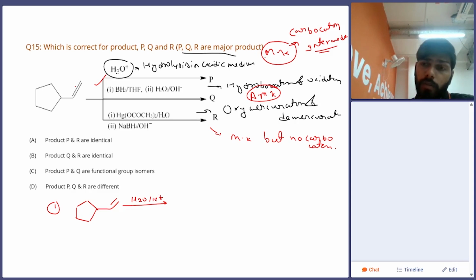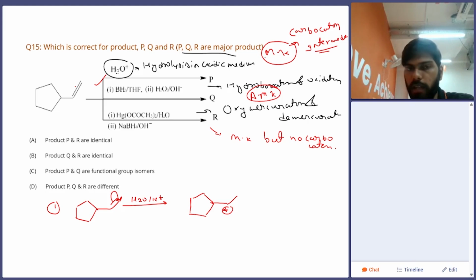So when we are doing it, this will go and we will get a plus charge, and then we have to rearrange this plus charge.